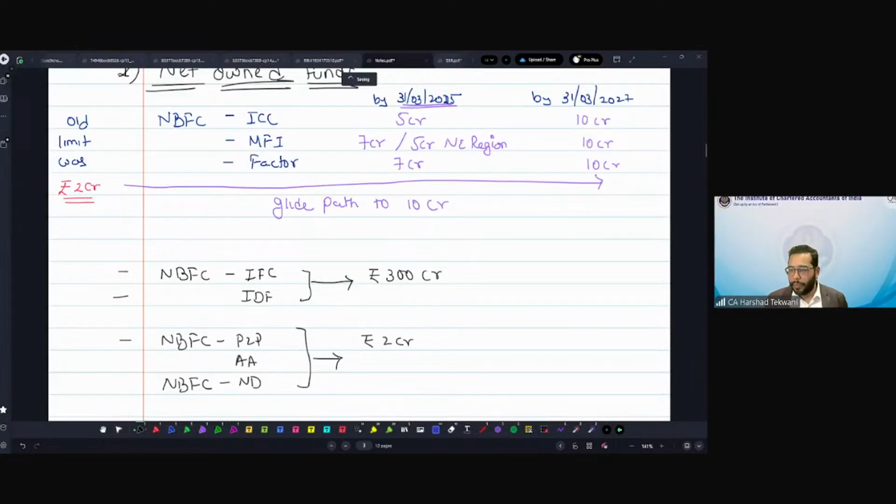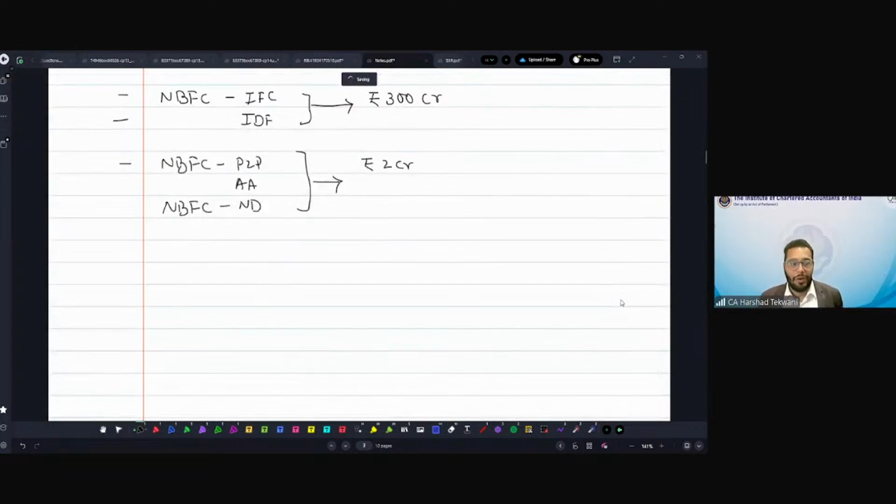Now the question is, what if they are not able to maintain this particular NOF requirement? What will happen? As your question was, what will happen if they are not able to maintain this particular NOF?